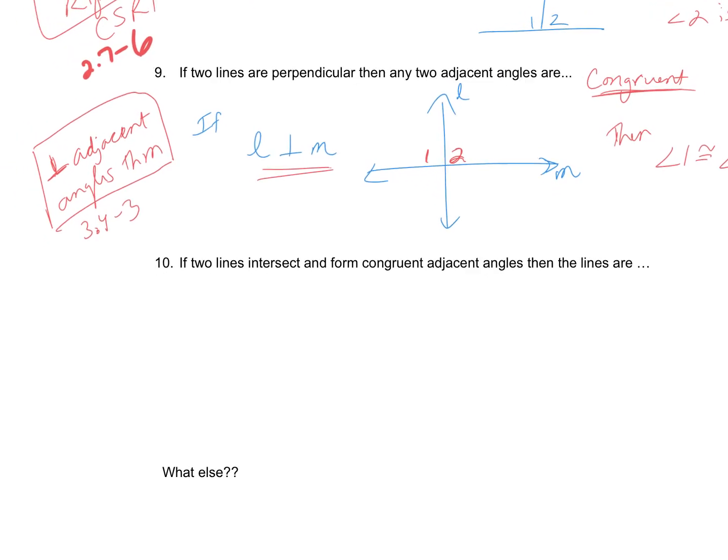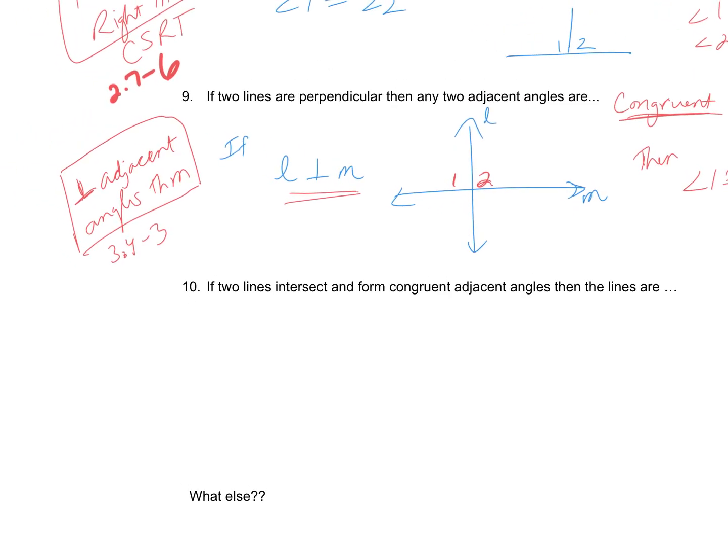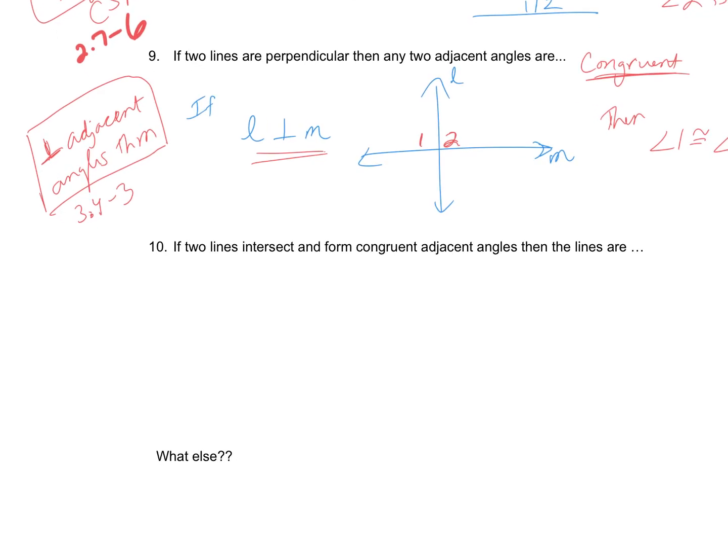And then you're already reading the next one, which is perfect. So I'll give you a minute to think. In fact, you can pause the video. If two lines intersect and form congruent adjacent angles, then the lines are.